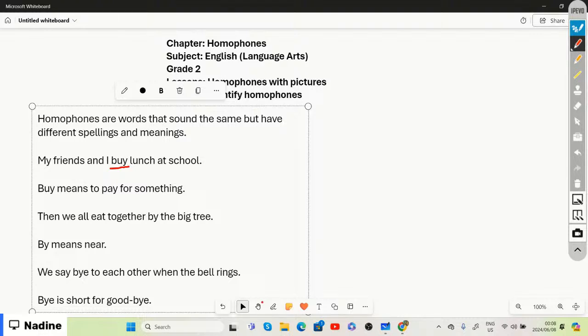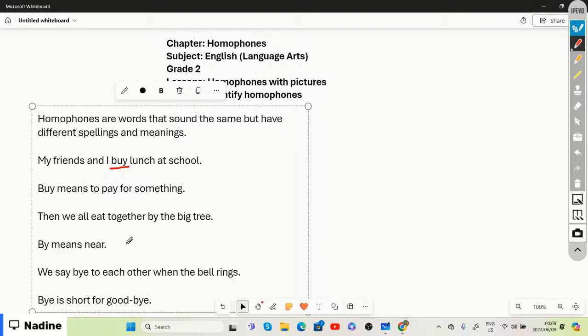So my friends and I, we buy lunch at school. It means to pay for something, meaning you give your money and then the shop owner will give you whatever you bought.